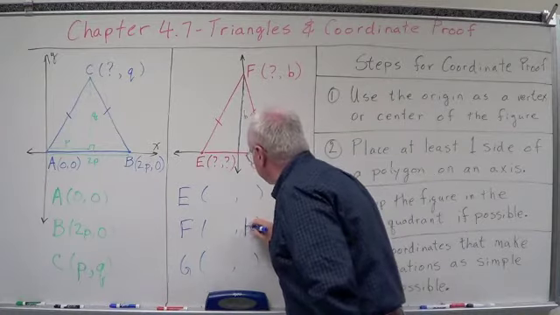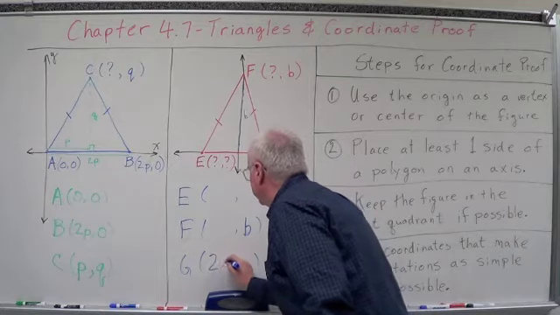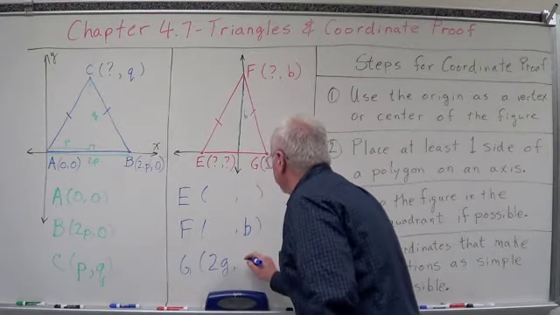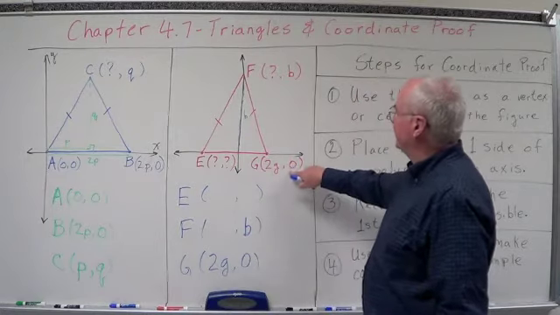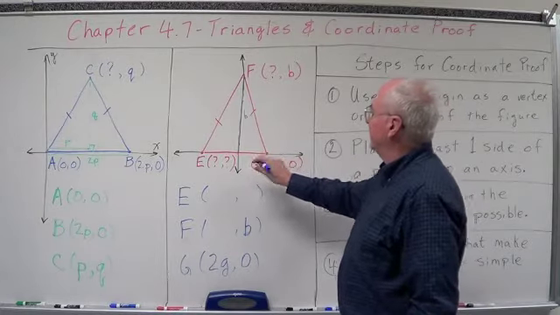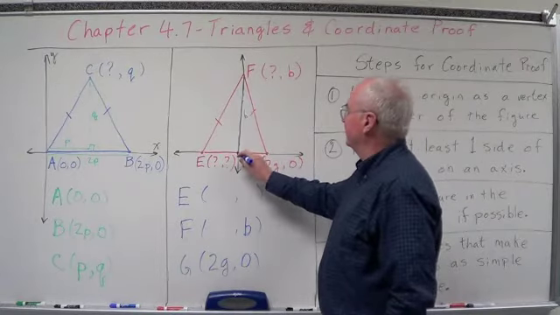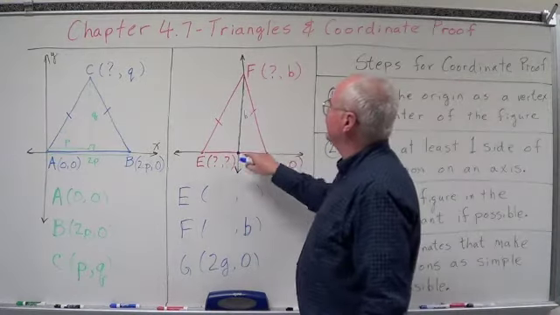So this right here is B. Now, they've given us everything for G. It's on the x-axis, so the y is going to be 0, and it's 2g away from the origin right there.